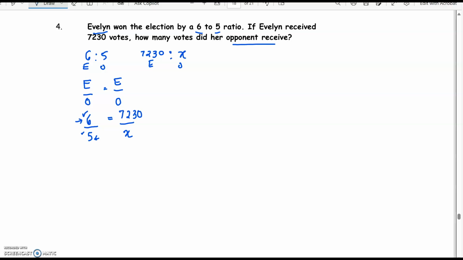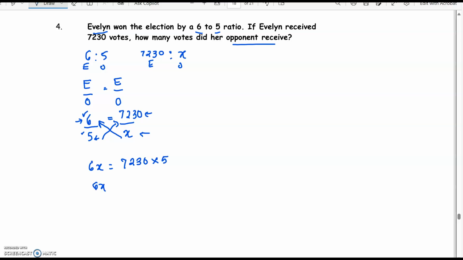And be consistent. In the denominator is the opponent's vote. We don't know what that is. And in the numerator is Evelyn. Now we cross multiply. 6x equals 7230 times 5.